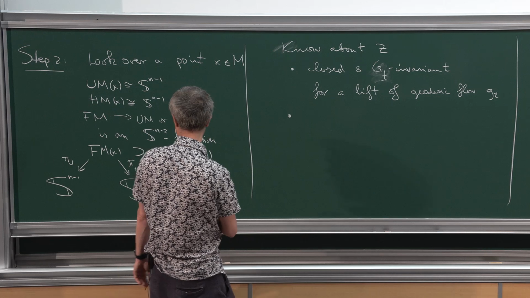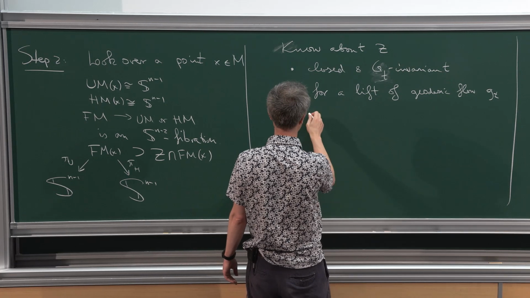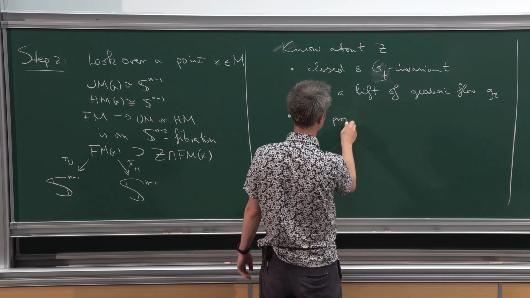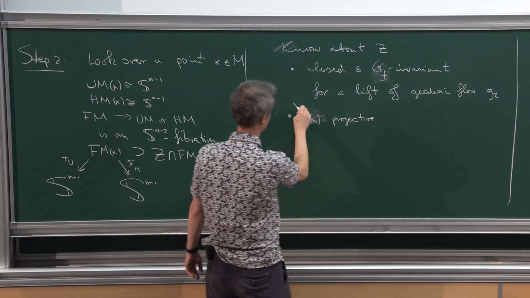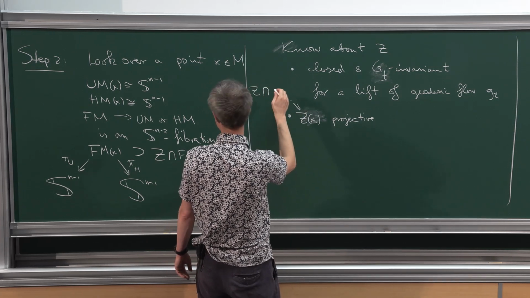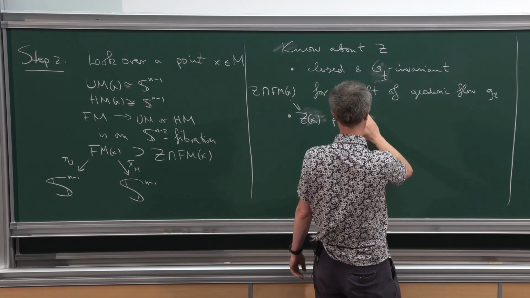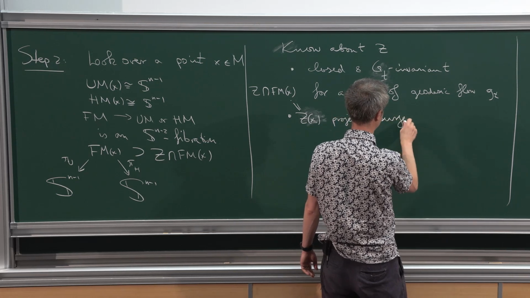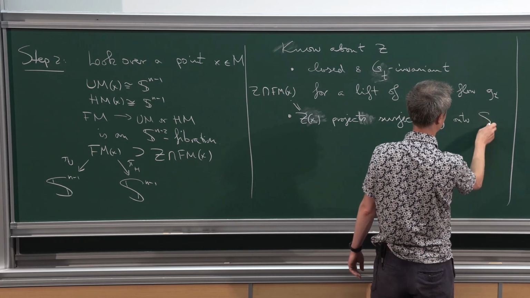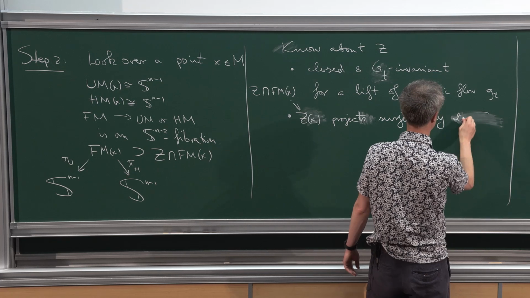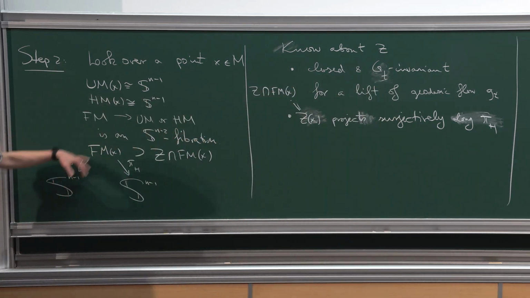We know a few more things. We have that Z projects surjectively to, so let me call this Z of x, this is going to be notation for Z intersected with FM of x. So this projects surjectively along pi U. If I project it in this direction, it's everything.